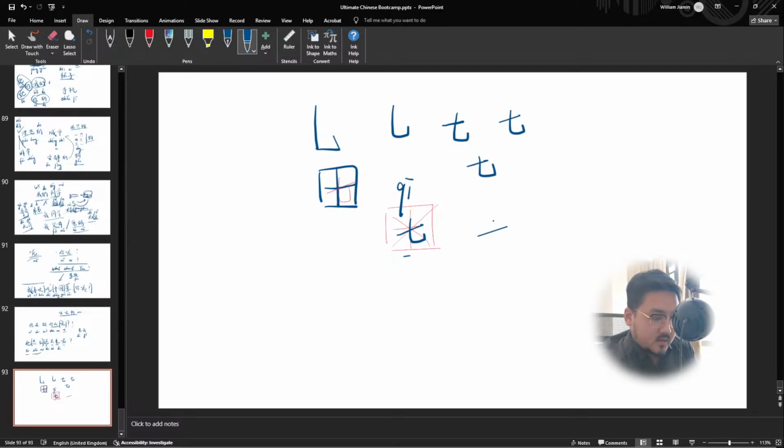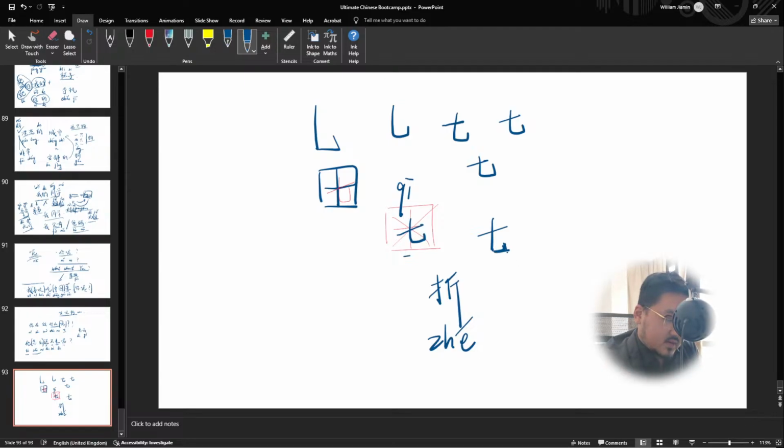Instead of just a horizontal stroke and vertical stroke, it's a vertical stroke 竖 and then 折. 折 means you bend a little bit. 弯了, 折了, right? 折 go.